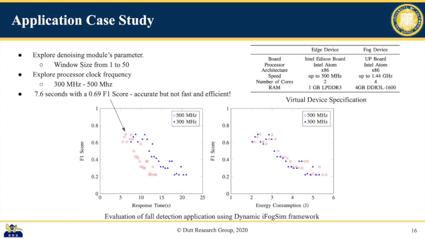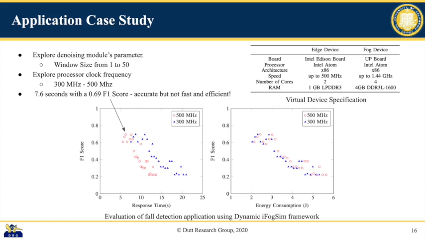Our feature extraction application has one parameter called the window size, and it can make a model by using that value. So we explore window sizes of the fall detection application from 1 to 50 and try to find the optimal value in these virtual system layers with the virtual devices and virtual network too.